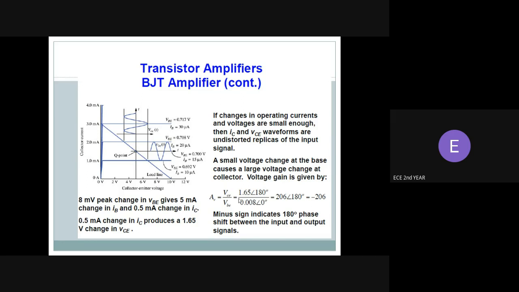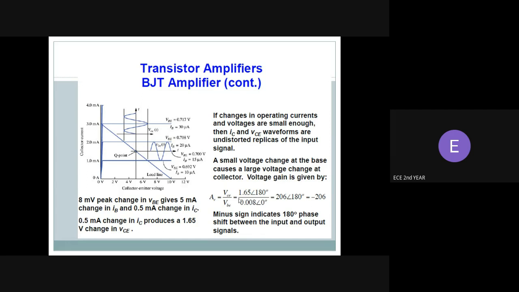Transistor amplifier, BJT amplifier. In transistors, there are two types: one is BJT, another is JFET. The BJT has low switching characteristics, but its amplification property is very high.